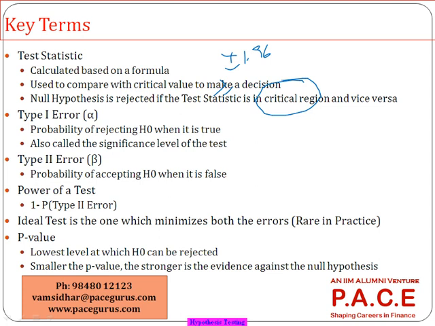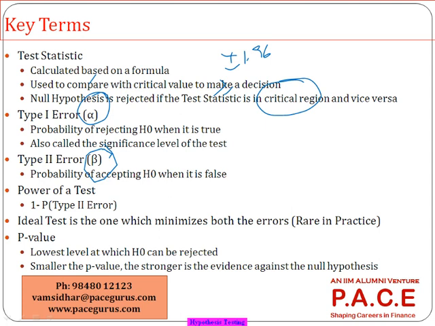Now, while doing this hypothesis testing, we would be subjected to two types of errors, typically called the type 1 error and the type 2 error, sometimes also called alpha error and beta error. The logic is very simple. Because we are working on a sample and estimating the population parameters, there is a possibility of an error in the process.